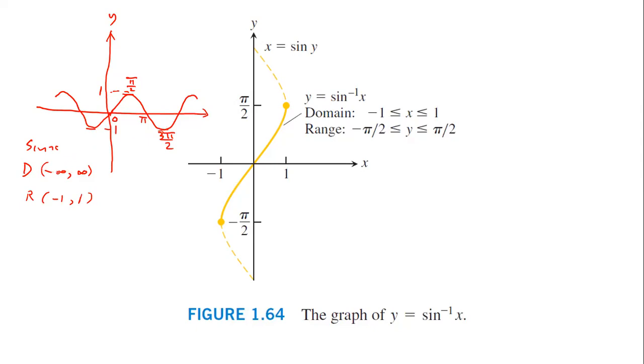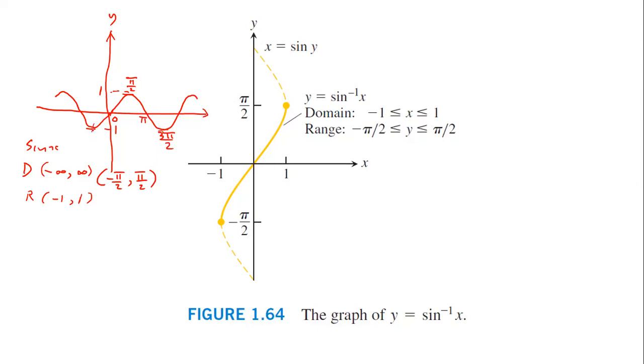So this is the domain, but this domain includes everything. We don't want to go that far. All we have to do is say the local domain is, we can just take from negative pi over 2 to positive pi over 2.